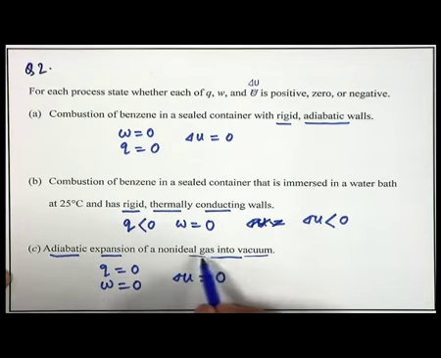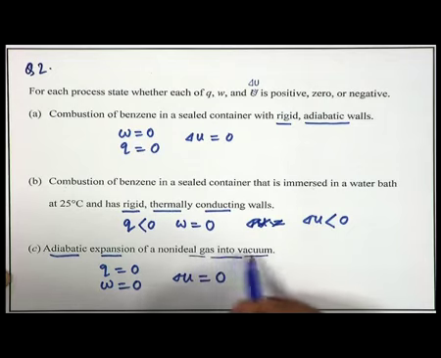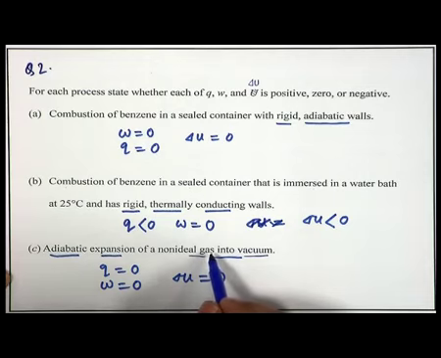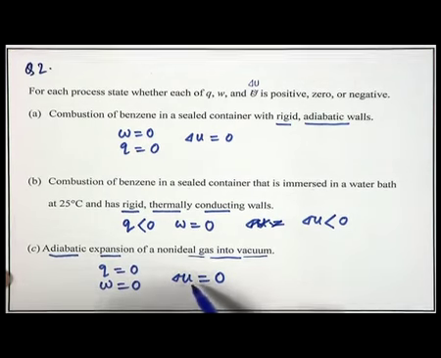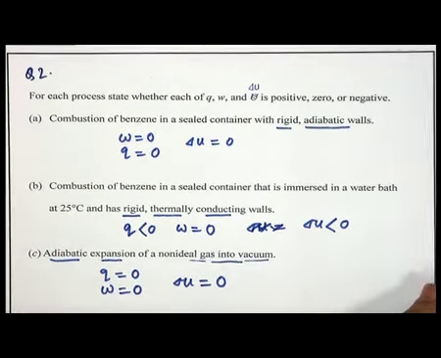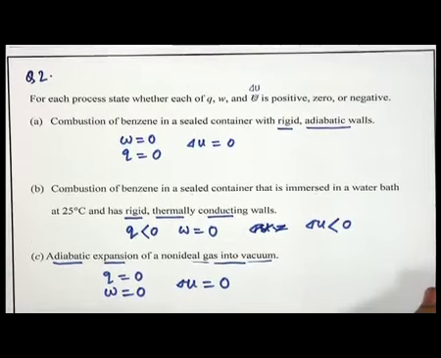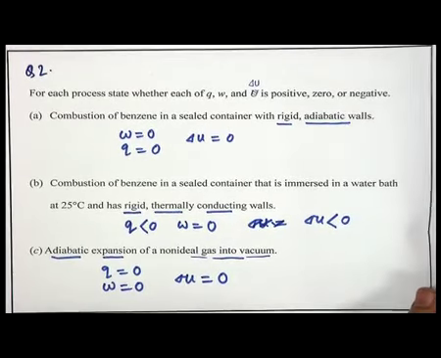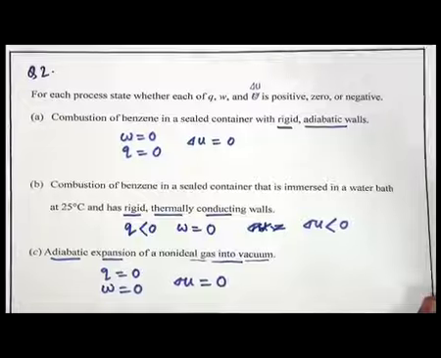If I had expansion of the non-ideal gas against some constant external pressure other than vacuum, then because of expansion W would have been negative and ΔU would have been negative. I hope by this time you are very clear about the sign of W, Q and ΔU in any process.